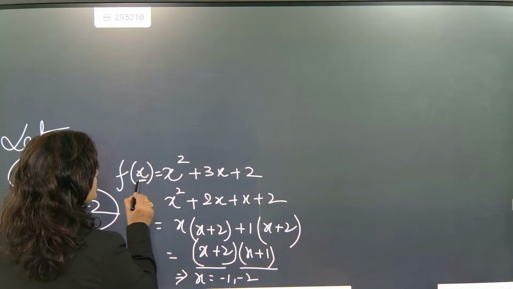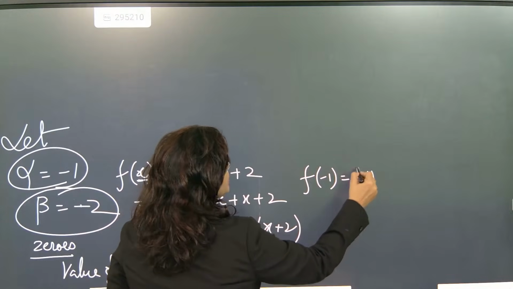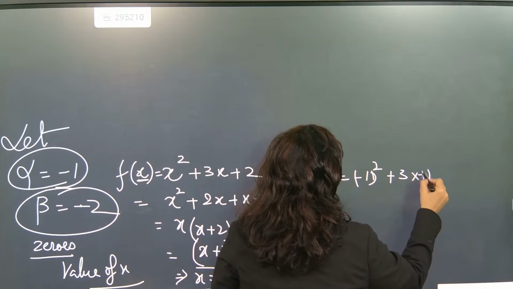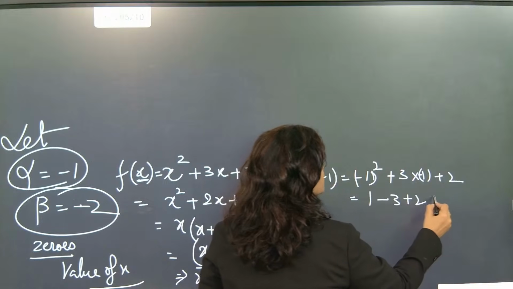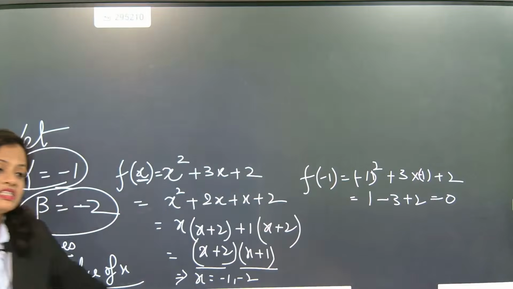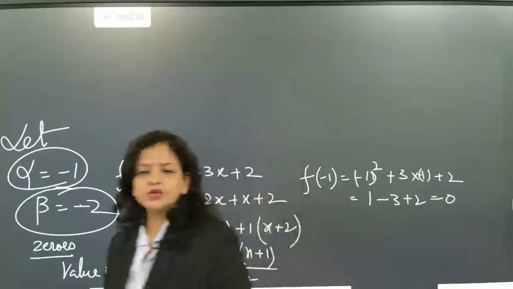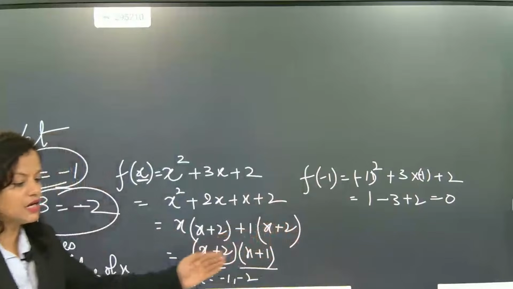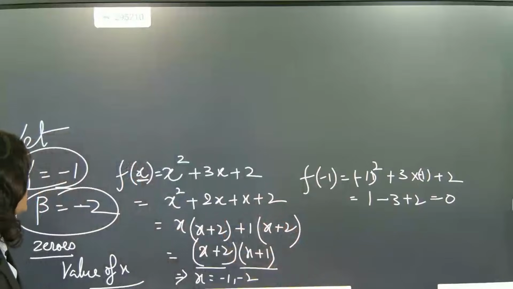So here, if instead of x I put minus 1, what do I get? Minus 1 whole square, minus 3, plus 2. So here it will become 1 minus 3 plus 2, which is 0. So zeros always satisfy the equation. What is the conclusion? Zeros always satisfy the equation.